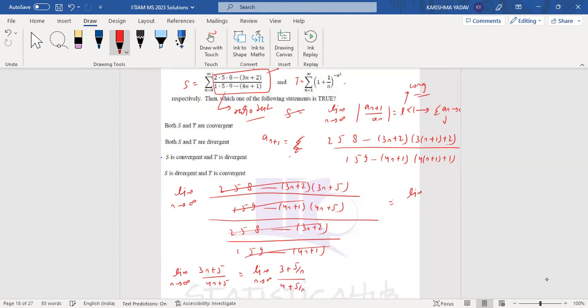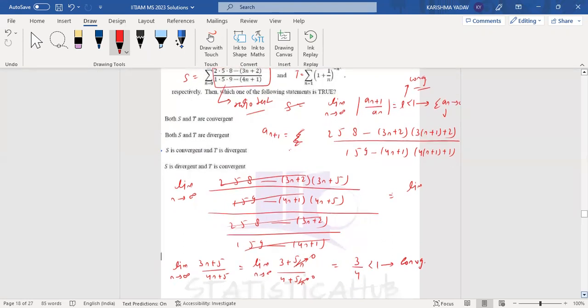We know that any number upon infinity goes to 0, so this term goes to 0 and this term also goes to 0. So I got 3 by 4, which is less than 1. So this series would converge. Now let's check for T.